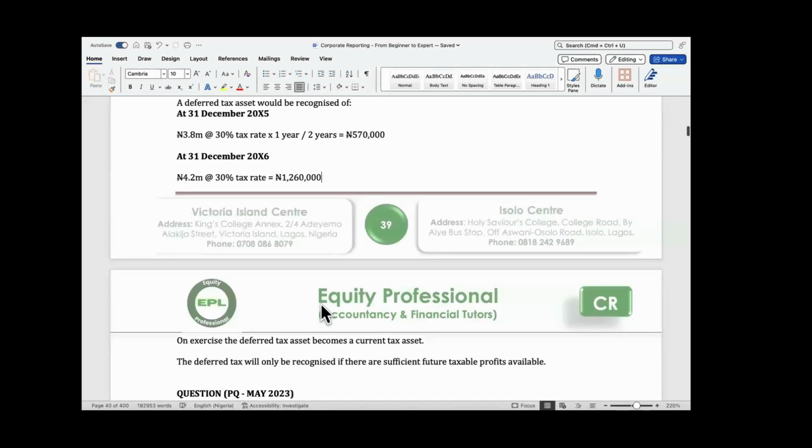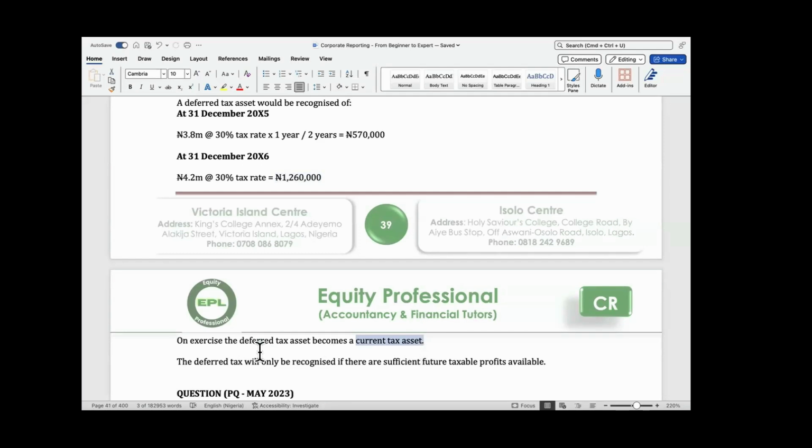At the vesting date, this deferred tax of 1,260 automatically becomes a current tax, because that's when it will vest. As soon as it vests, there's no deferred tax anymore. Just write it off to current tax assets, then it leaves your books so that you won't be recognizing deferred tax anymore.